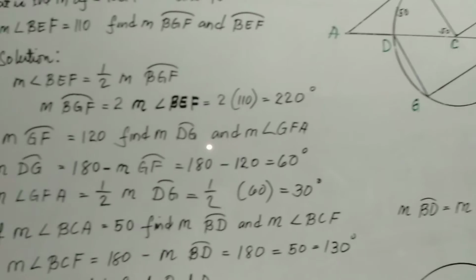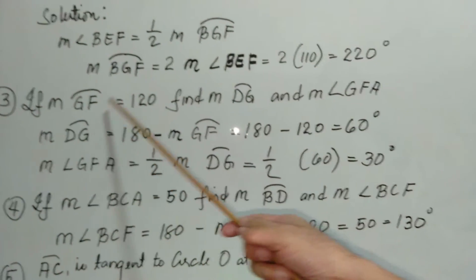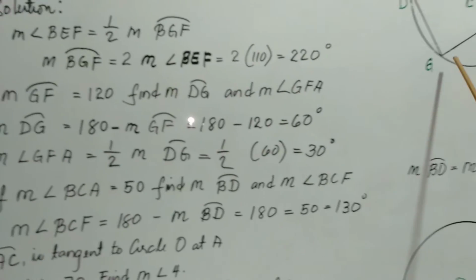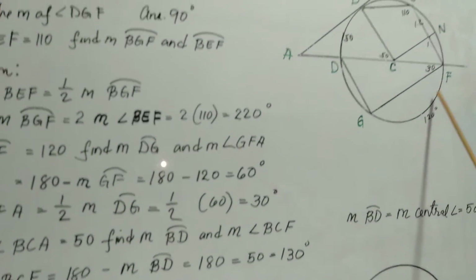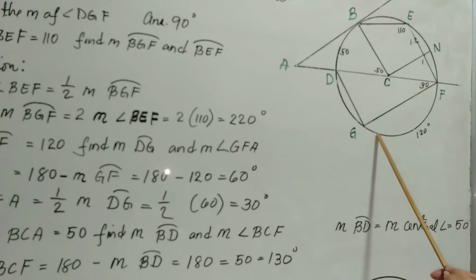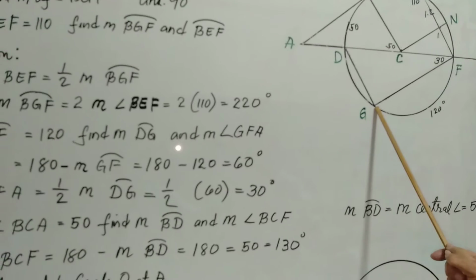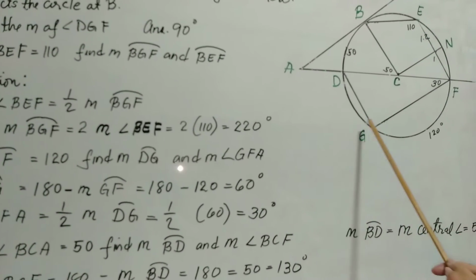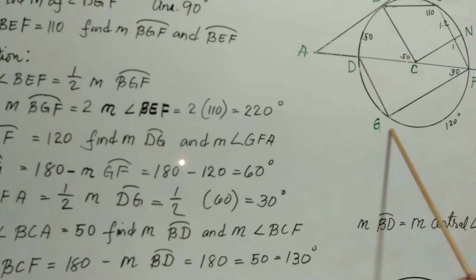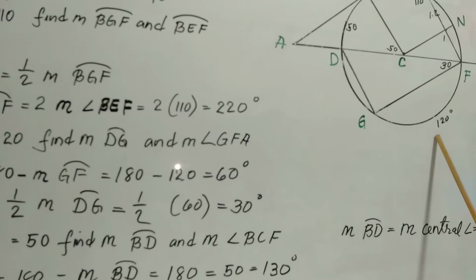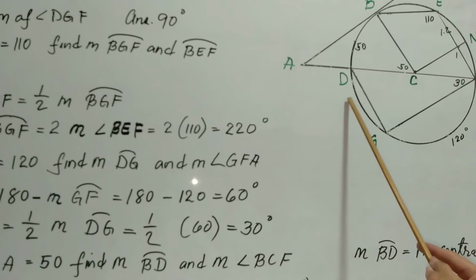For number 3, if the measure of arc GF is 120, we are asked to find the measure of arc DG. We just subtract this 120 from 180, and we get 60 degrees.